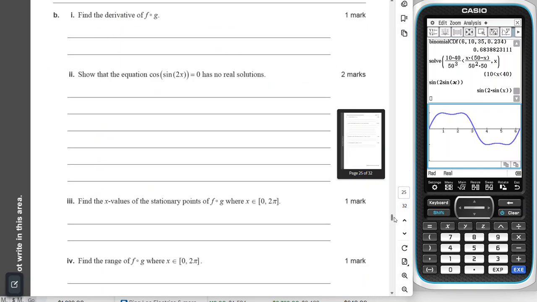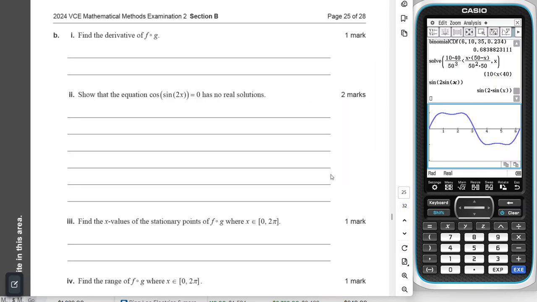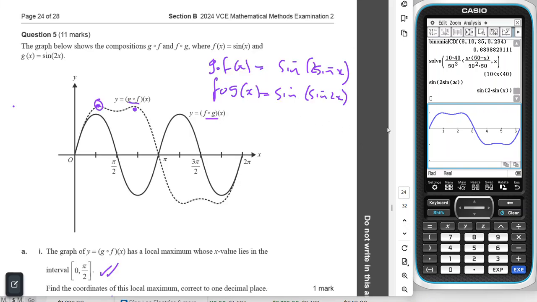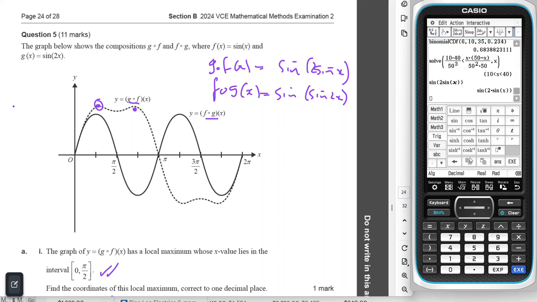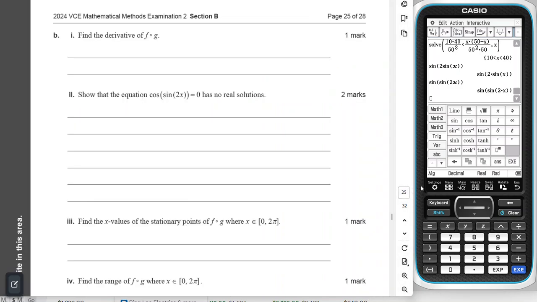Over the page, state the derivative of f∘g. So f∘g is the other one. So f∘g is the sine of 2x. So that one's got a different domain. And I'm interested in its derivative, is that correct? Yep.